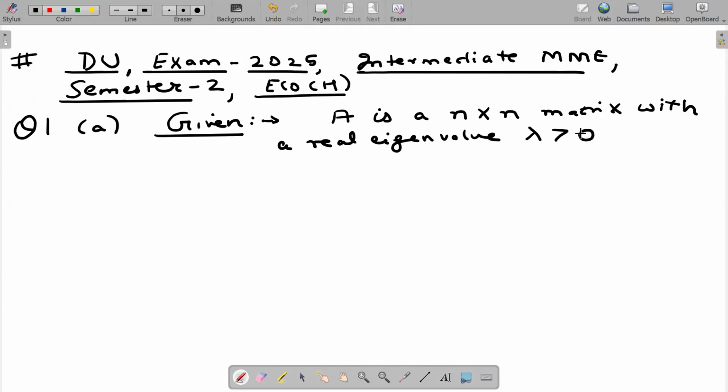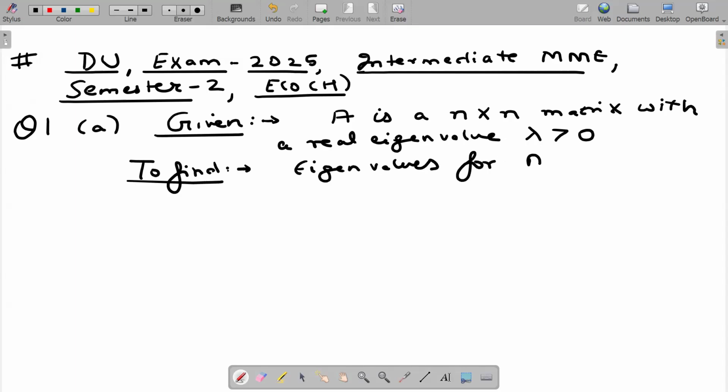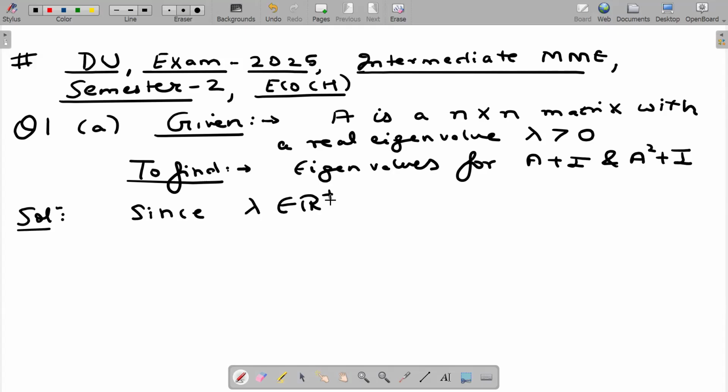We need to find out the eigenvalues for A plus I and A square plus I. So let's quickly work out this problem. Since lambda is greater than 0, it's a positive real number.